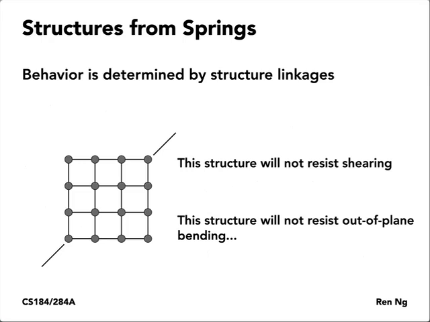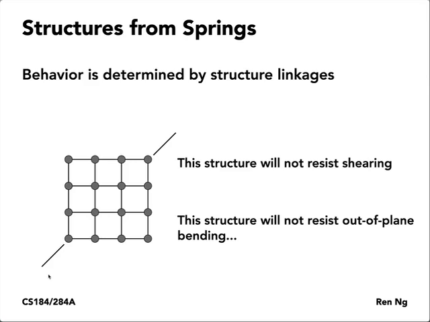So I'm not sure if you can picture this, but if you pull along the two diagonal lines that are shown there, there's a way for this sheet to deform by all the squares becoming more like diamonds or extreme diamonds and then shrinking to a line without exerting forces on the rest of the system. So this structure doesn't resist shearing anyway.